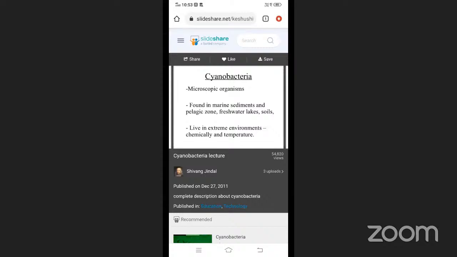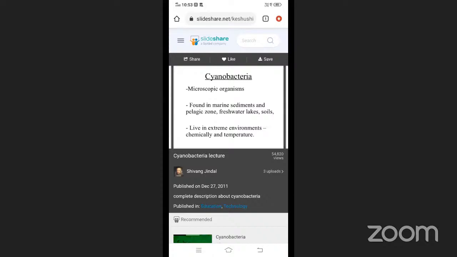They can form long, straight chains of cells, some branching, some filamentous forms. Some cells are modified as heterocysts. With the help of these heterocysts, nitrogen is fixed.